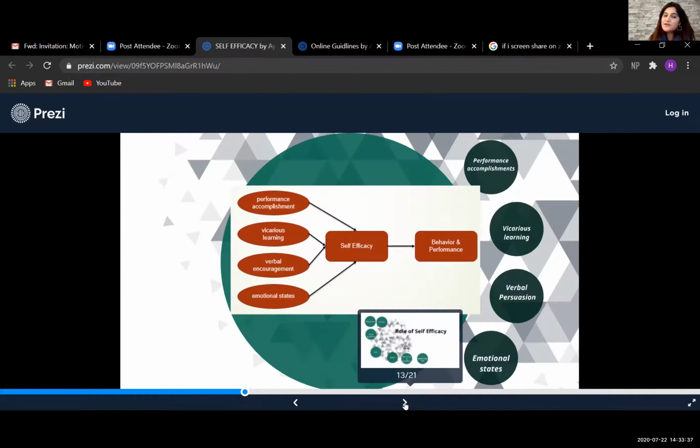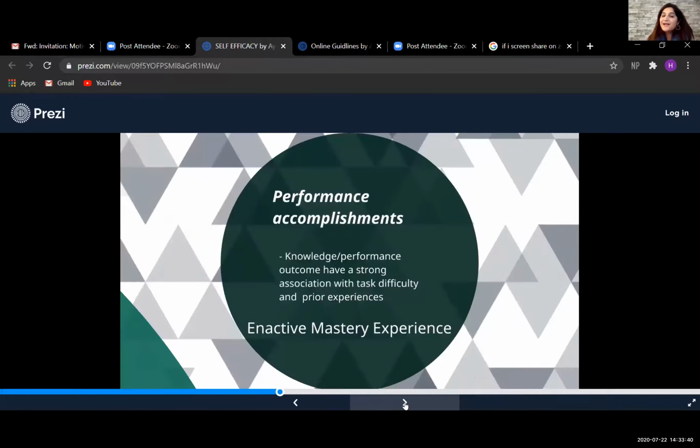The first one, which is performance accomplishments, is also called enactive mastery experience. Successful experiences are going to have a positive effect on self-efficacy, and are going to form positive self-beliefs.